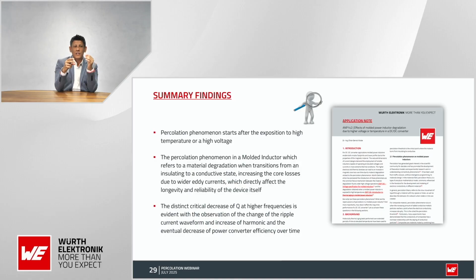Once one coating layer is broken, once electrons start jumping between the material, the percolation phenomenon is for sure a material degradation and involves everything. Which kind of material are you using? The size of the material. What was the pressure that you used to create the components?